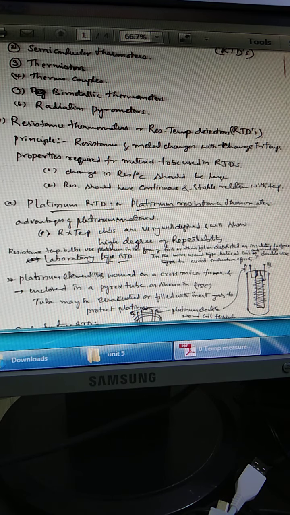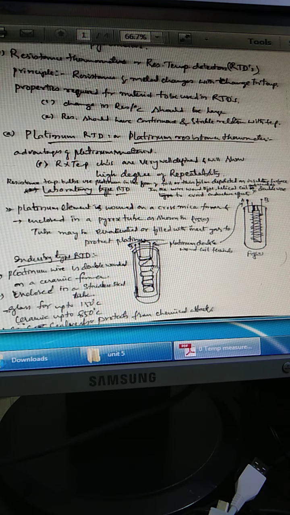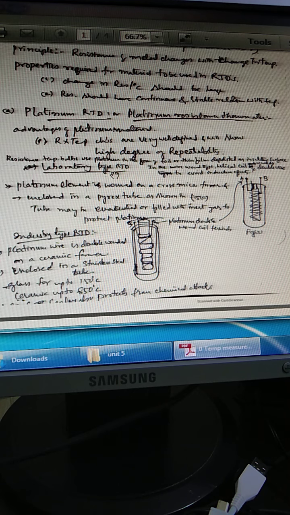So there are two types of platinum RTDs. One is the laboratory type, another is the industry type. Coming to the laboratory type RTD, shown in figure A, platinum wire is wound on a mica former.